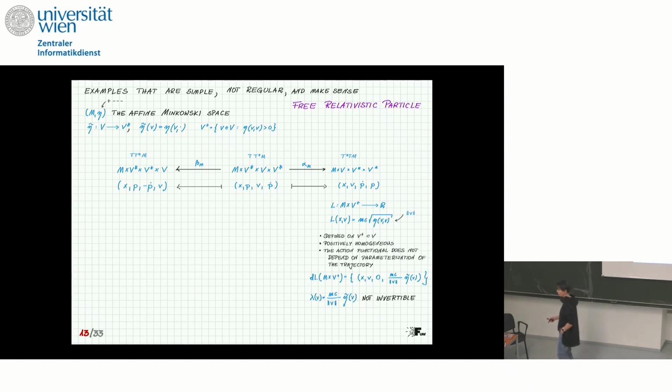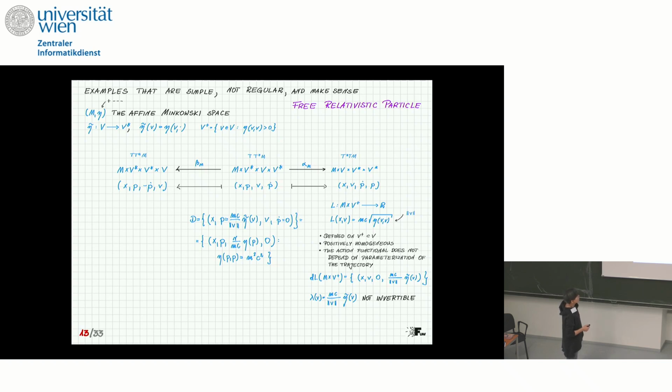Okay, so then I use alpha to get my dynamics. And this alpha is just changing the order of things. So I have a position, I have a momentum, but not every momentum can be obtained. Not every element of V star can be obtained.